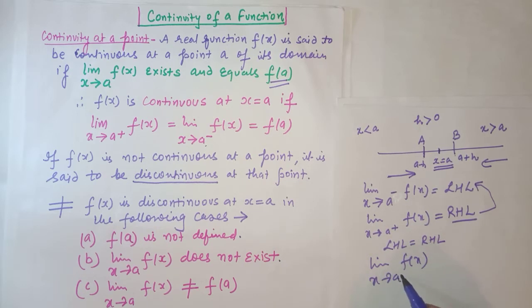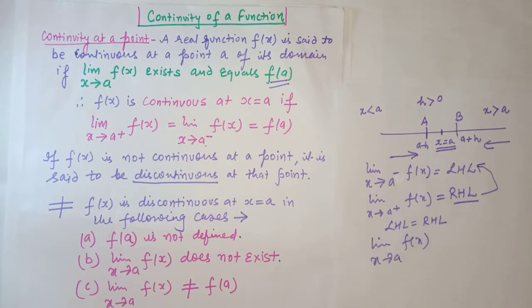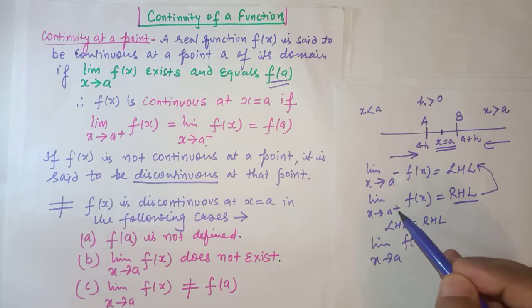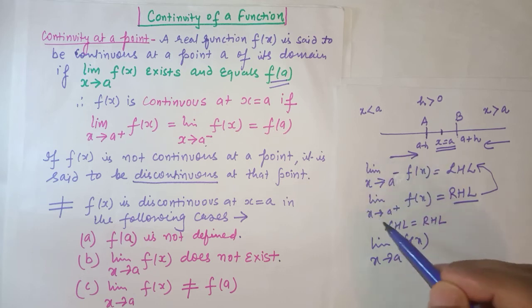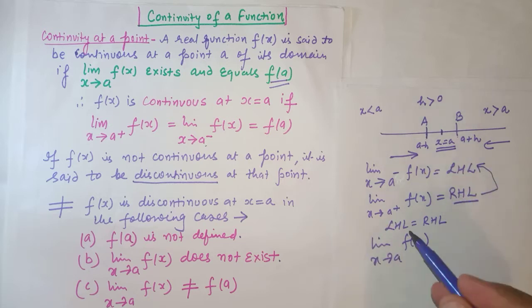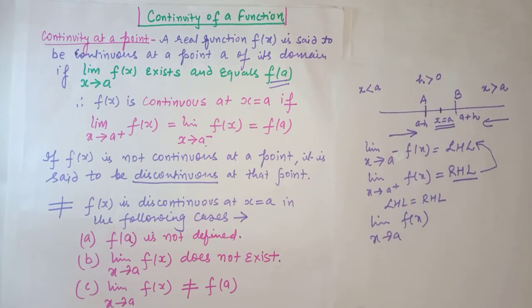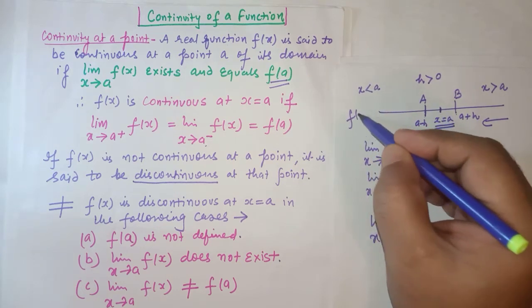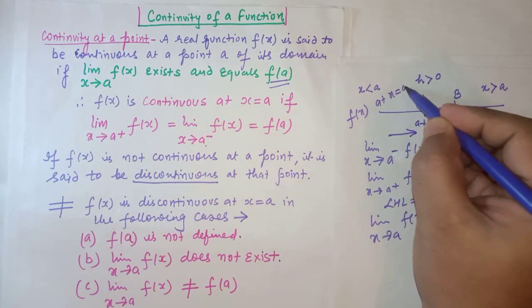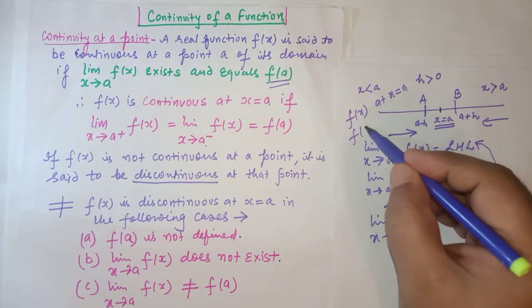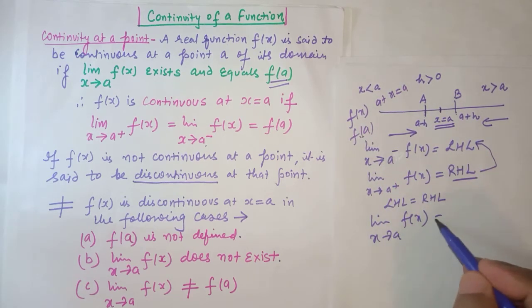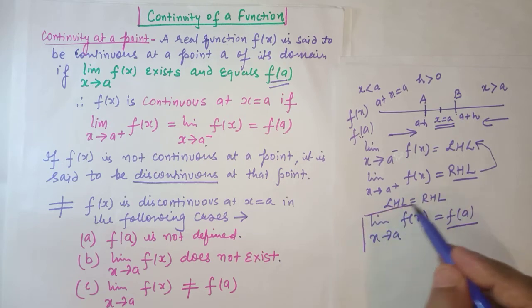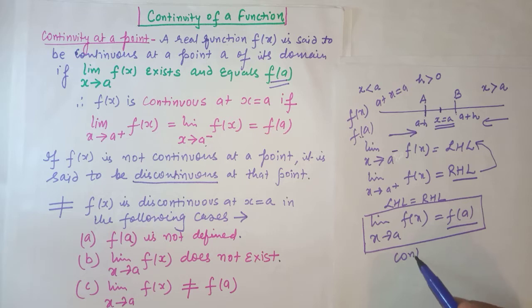Here we do not have any negative sign or positive sign, so it means both these limits exist and are equal, and both these limits are contained in this expression, that is, limit as x tends to a of f(x). Moreover, for the function to be continuous, we find the value of the function f(x) at x equal to a, and if f(a) is equal to this limit, then the function is said to be continuous. Clear?